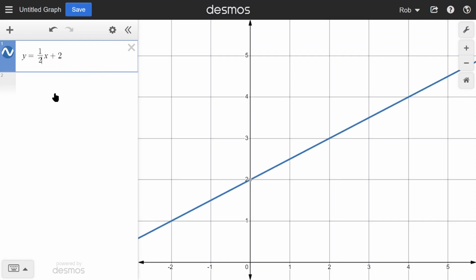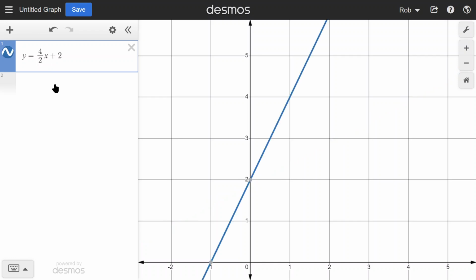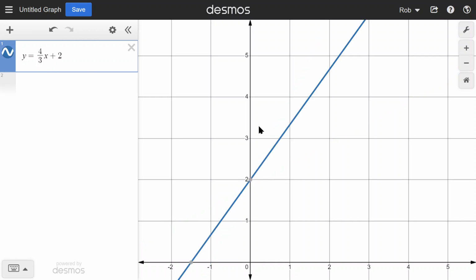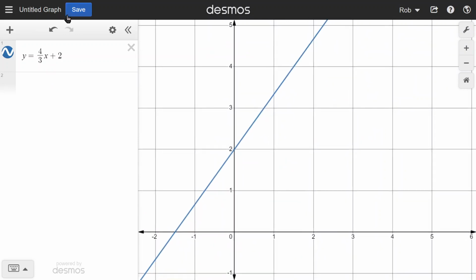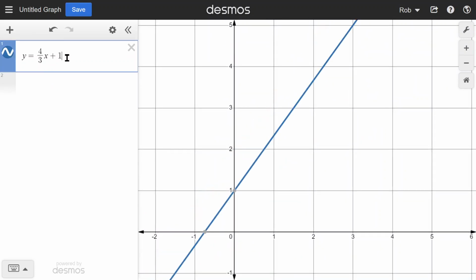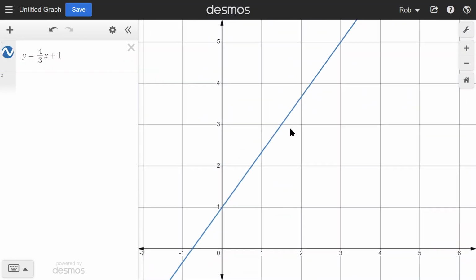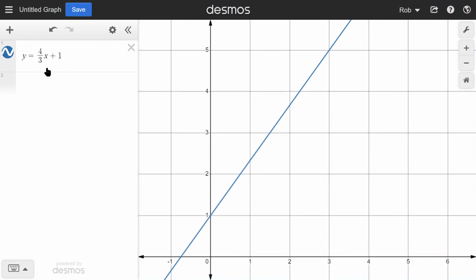So I'll go one more. Let's go really weird one. Let's go 4 on 3 and plus 2. So if I move it, let's go plus 1. It's going off the screen too much. So here we go. The 4 on 3, does that mean I go across 3 or across 4?